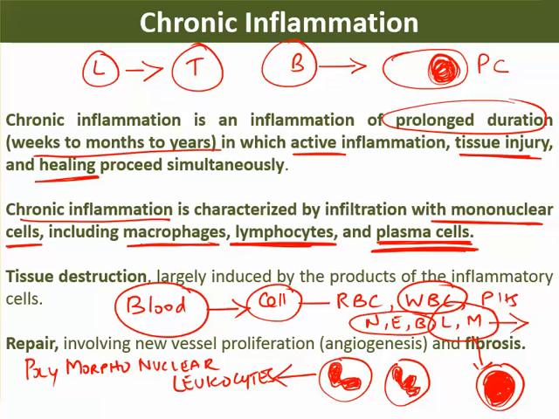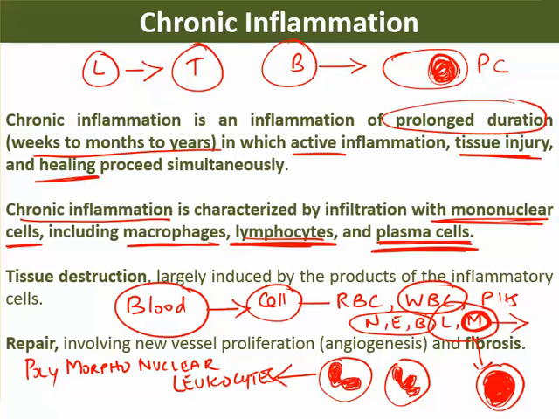Understand? So what are the cells involved in chronic inflammation? Mononuclear cells, which include lymphocytes, plasma cells and macrophages. Macrophages are most commonly derived from the monocytes. So now you understand, in chronic inflammation the cells involved are lymphocytes and monocytes.